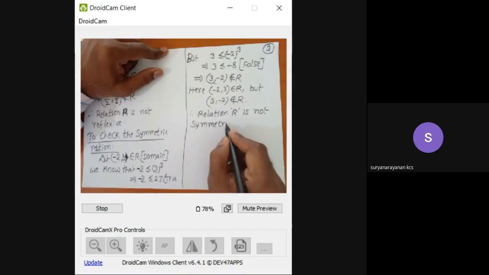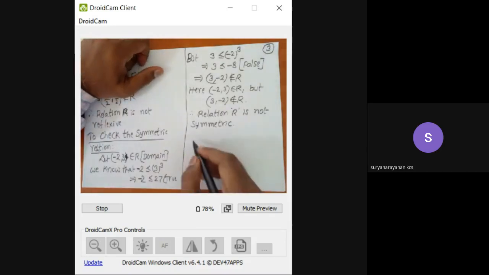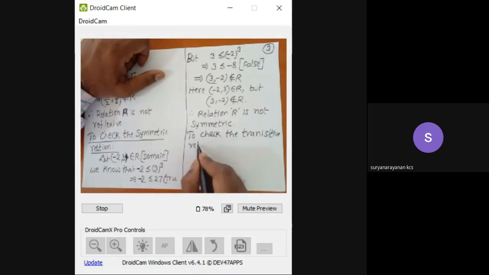And finally, we take the transitive relation. To check the transitive relation, let us take the three numbers.